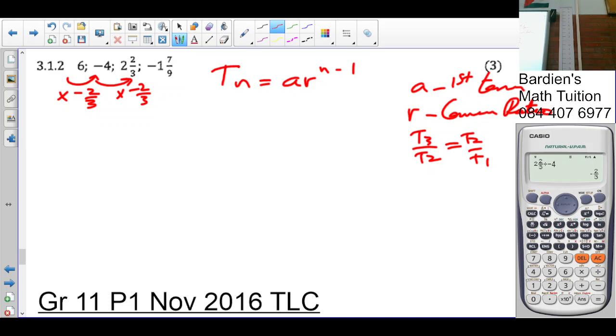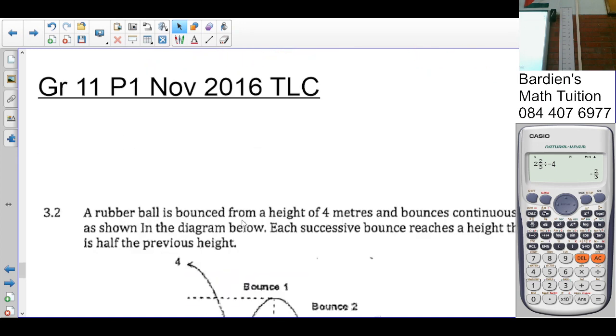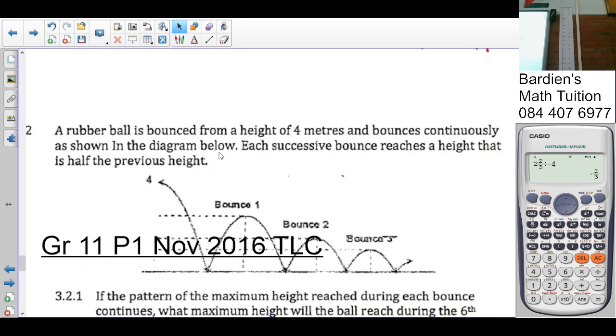So your general term is Tn equal to, your first term is 6, your R is negative 2 over 3, raised to the n minus 1. Do not multiply the 6 and negative 2 over 3 at that point because of the variable exponent there.